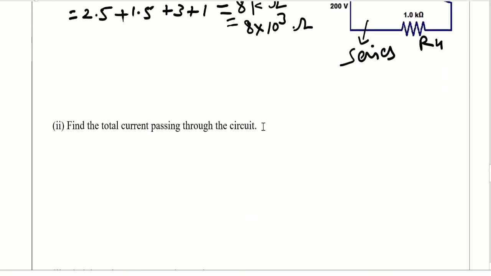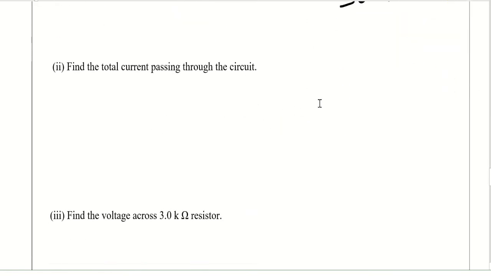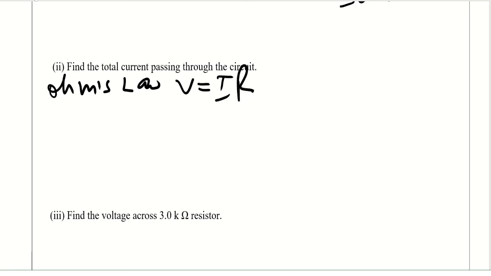Now go to part 2: find the total current passing through the circuit. For this you have to use Ohm's law, V equals IR.